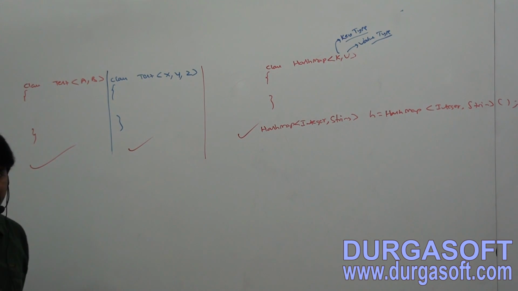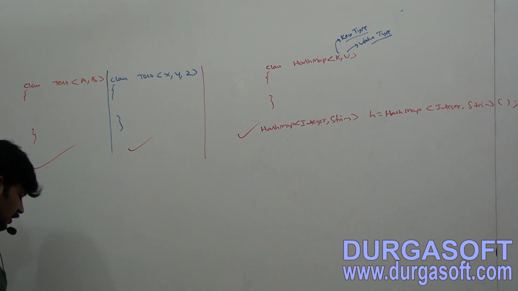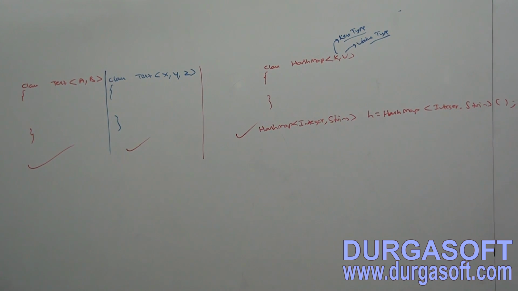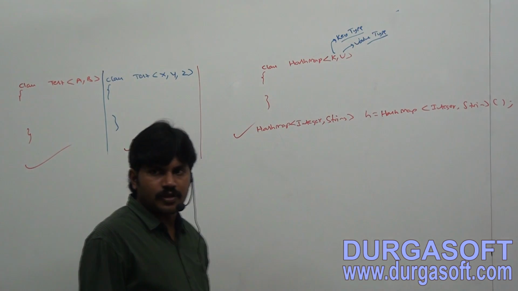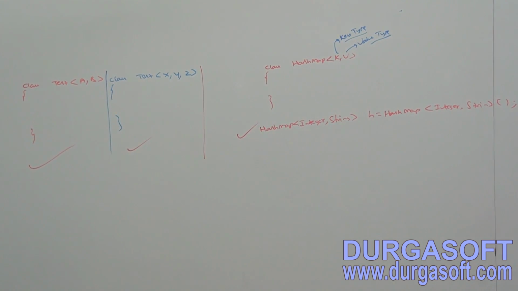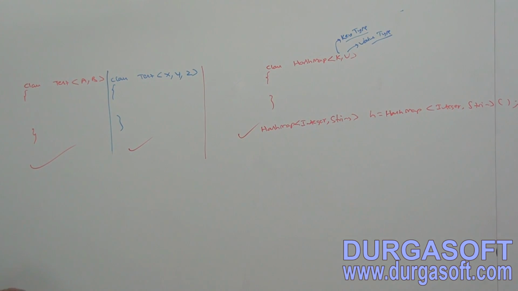Even that example also is better to take: class HashMap of K comma V. So now the terminology is very clear for you people. That's all.